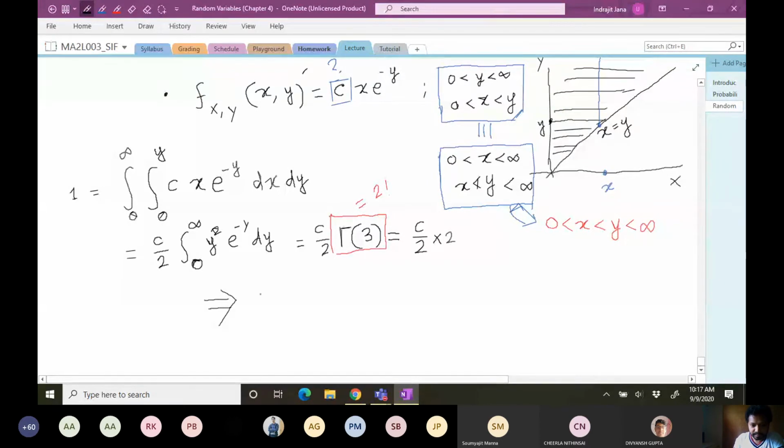So the actual joint PDF f_XY(x,y), with c equal to 1, is going to be x e to the power negative y, when x and y are in the specified range, which is when 0 is less than x less than y less than infinity.